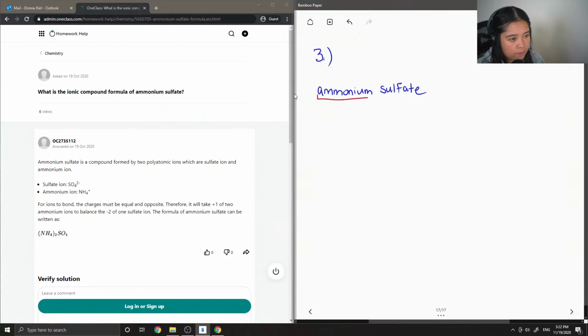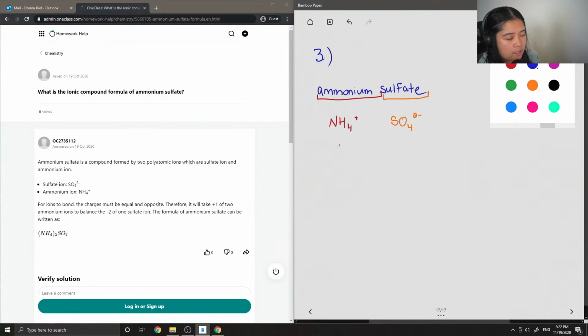Ammonium is obviously the ammonium ion, which is NH4+, and the sulfate ion is an example of a polyatomic ion with the formula SO4 2-.